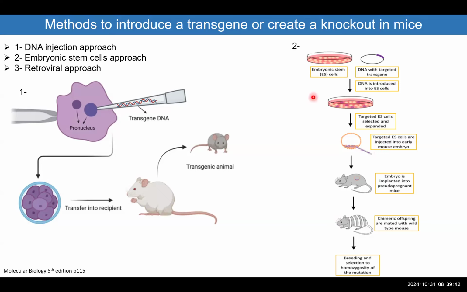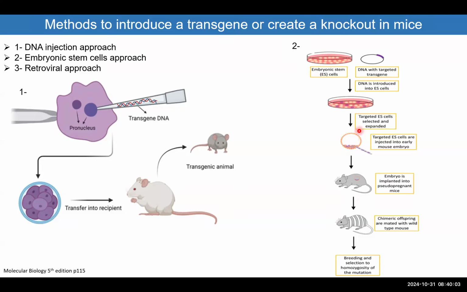After that, we will need to take those positive cells after the transfection and after this selection, and introduce them back into a pregnant mouse. This mouse will give an embryo.